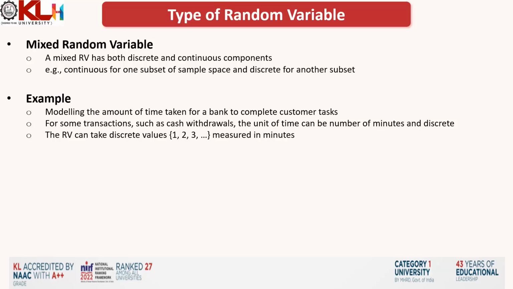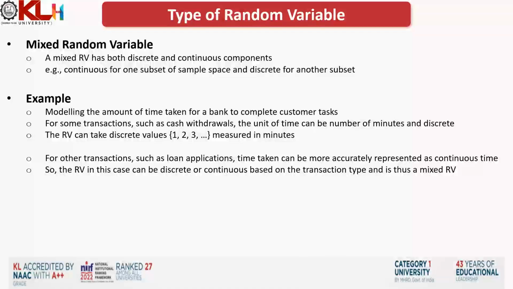So it can take on values like 1, 2, 3 and so on, measured in minutes. For some other type of transactions in the bank, such as a loan application, time can be more accurately represented as continuous time. So the random variable in this case can be discrete or continuous based on the transaction time, and thus a mixed random variable.